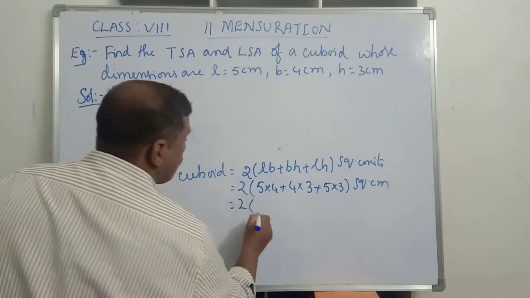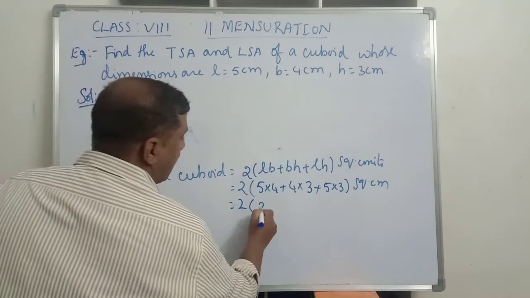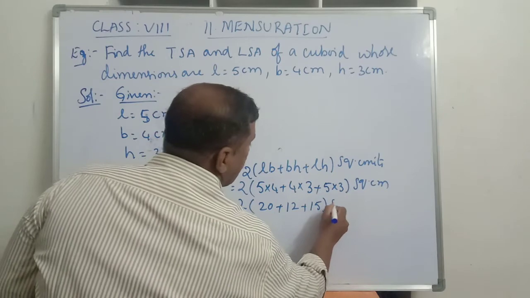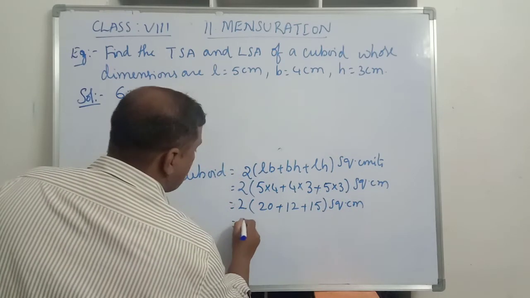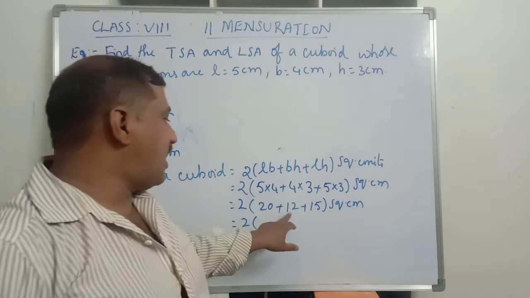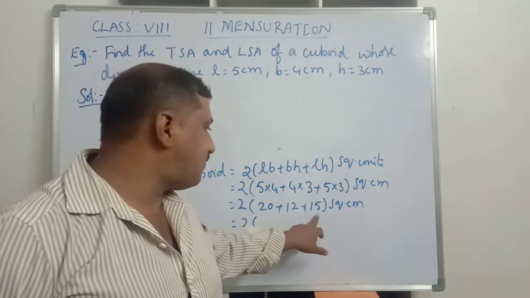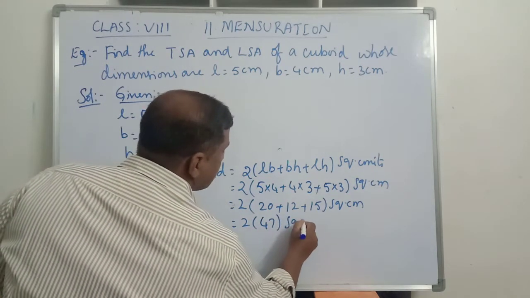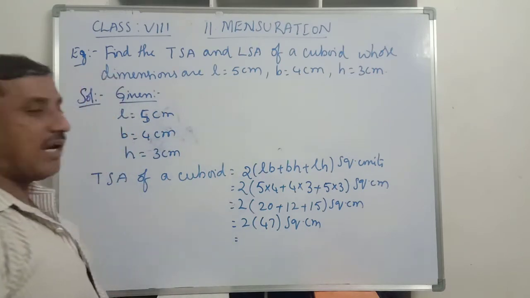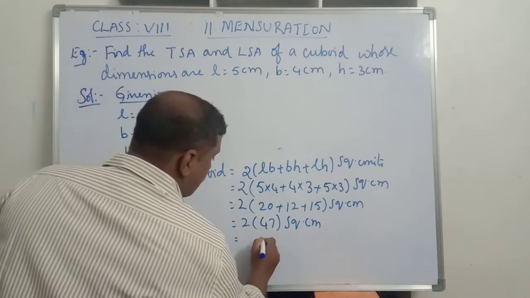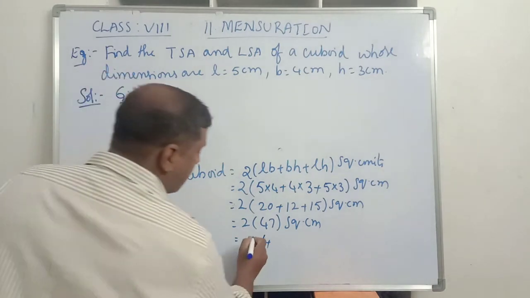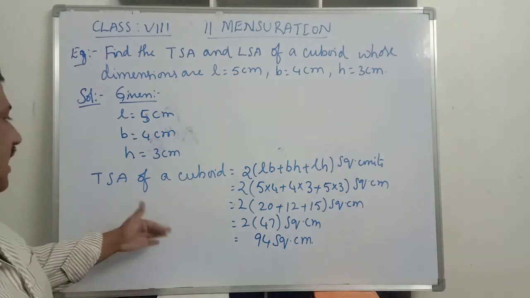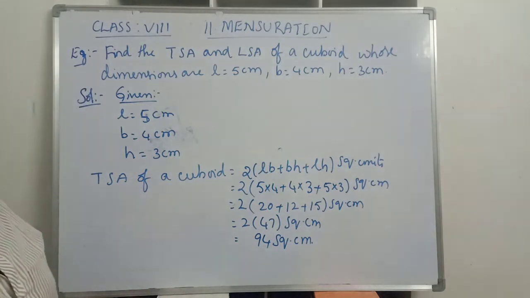Now simplify: 2 into 5 into 4 is 20, plus 4 into 3 is 12, plus 5 into 3 is 15 square centimeters. That is equal to 2 into 20 plus 12 is 32, plus 15 is 47, so 2 into 47 square centimeters. Now multiply by 2: 2 sevens are 14, 2 fours are 8 plus 1 is 9, so 94 square centimeters is the TSA of the given cuboid.